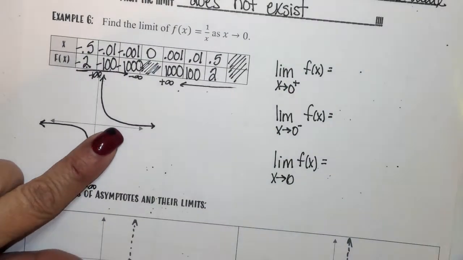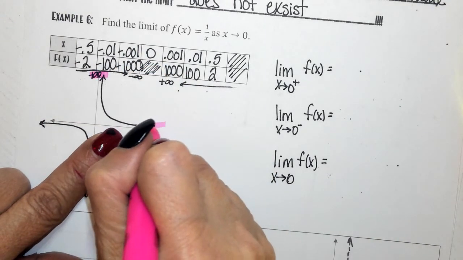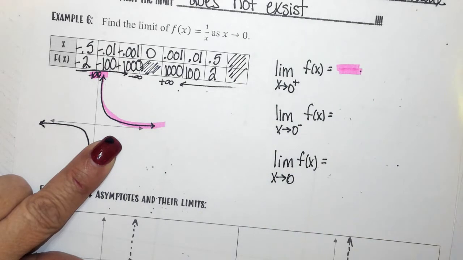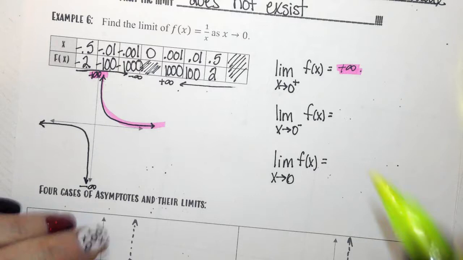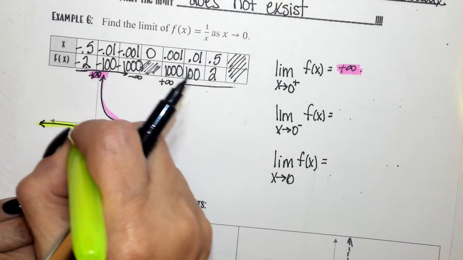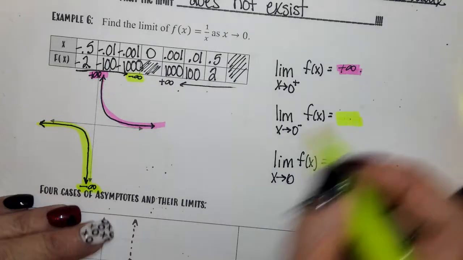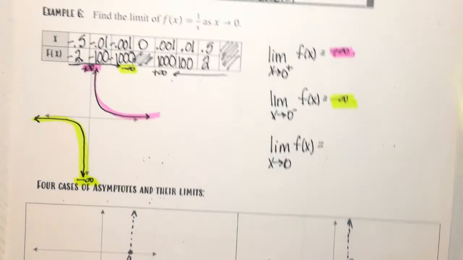So as I come in from the right, it's going up over here to positive infinity. And as I come in from the left over here, it's going down to negative infinity.